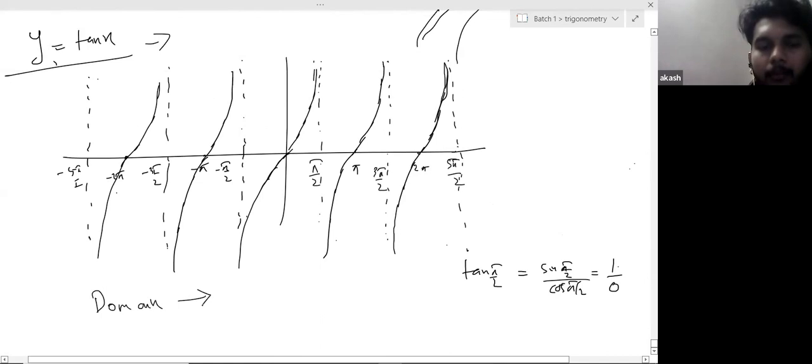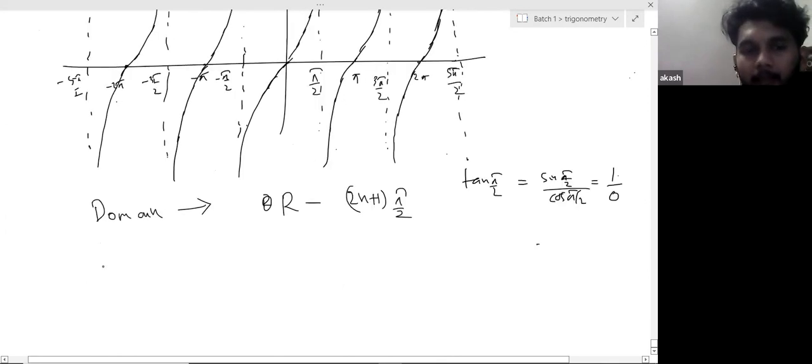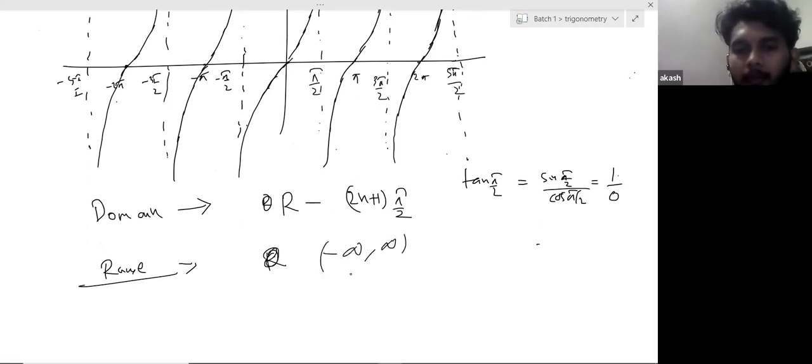Domain of tan x, we know odd multiples of pi by 2 cannot be in here. Range, you can get any value from tan x. You can say R, or minus infinite to infinite. This graph is clear, everyone?